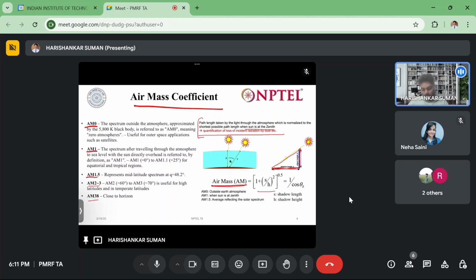As we go closer to the horizon the air mass increases, and air mass 1 will be at 0 angle. For solar cells, air mass 1.5 global is used to characterize solar cell efficiency. So this is at theta equal to 48.2 degree.